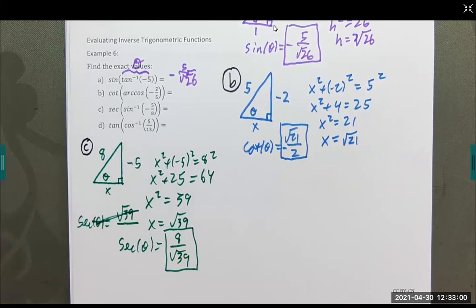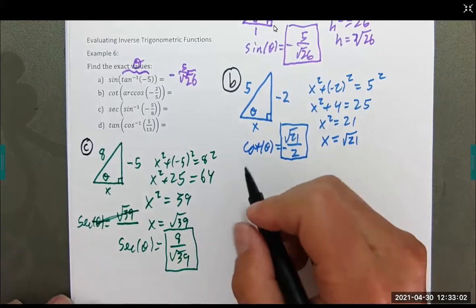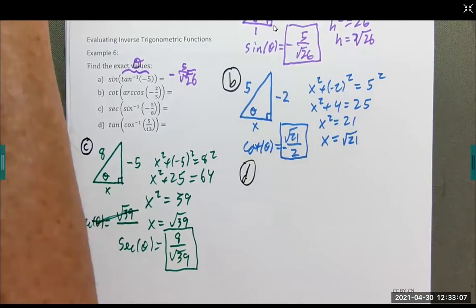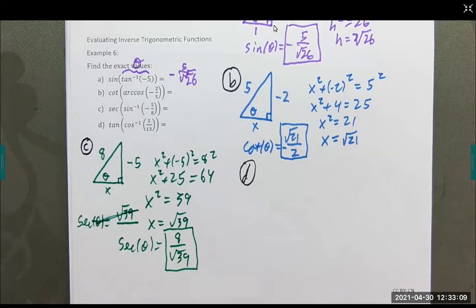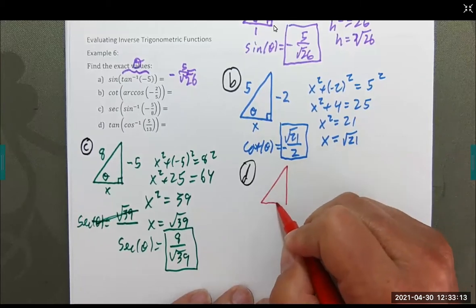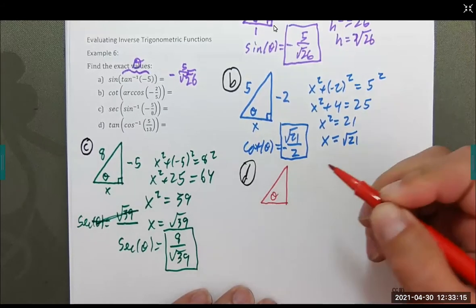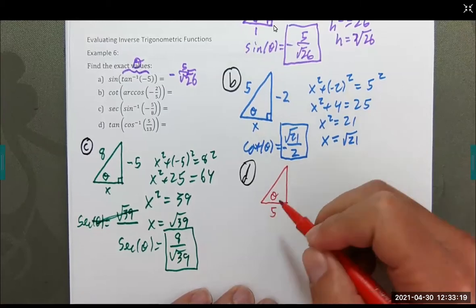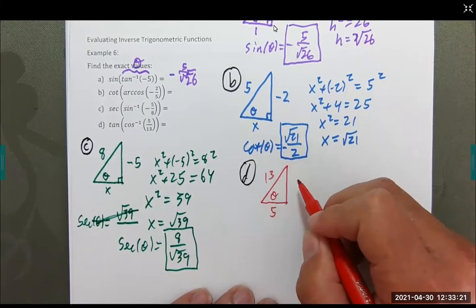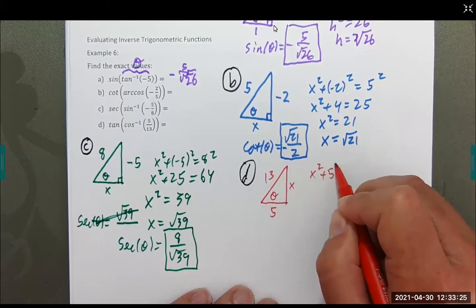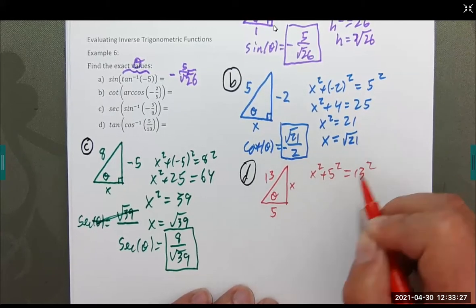Part D. We're here, and cosine is the adjacent over the hypotenuse. So this is going to give us x squared plus 5 squared equals 13 squared.